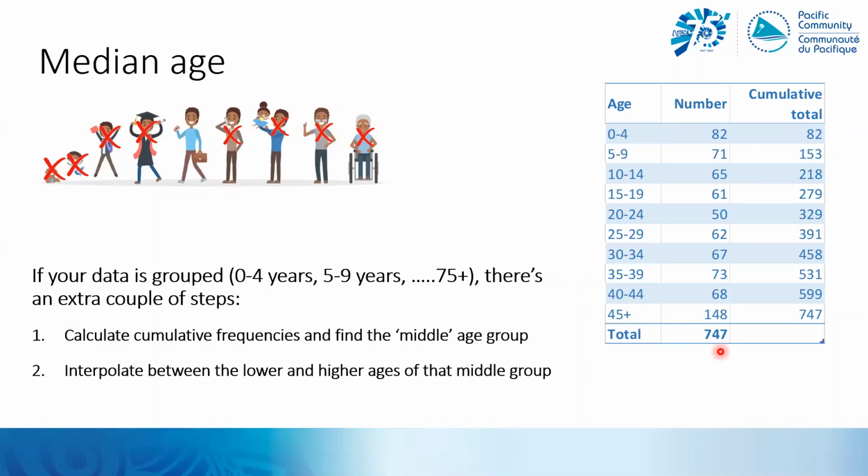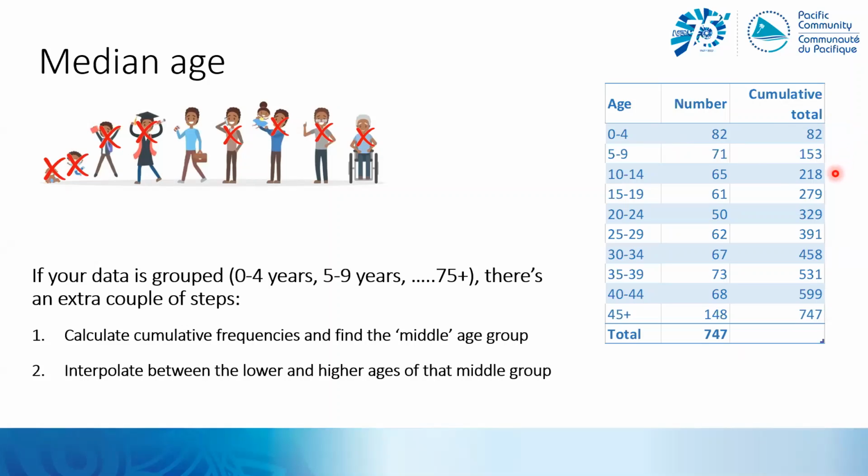So we need to find who is the 374th person, because they're going to be our middle person. So we need this extra column, which is our cumulative total. For 0 to 4s, we've got 82 people. Our next line we want as the sum of 0 to 4 and 5 to 9. So it's our 82 plus the 71 that are aged 5 to 9, gives us 153 people aged 0 to 9.